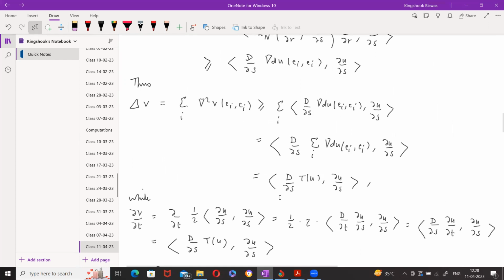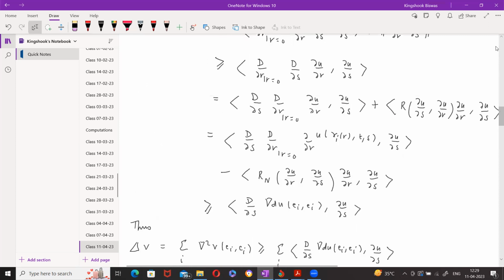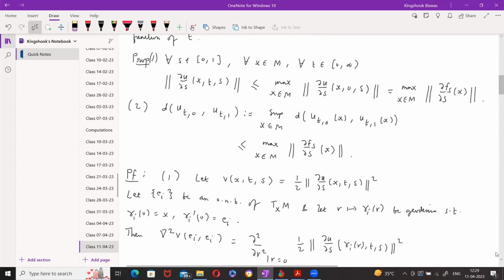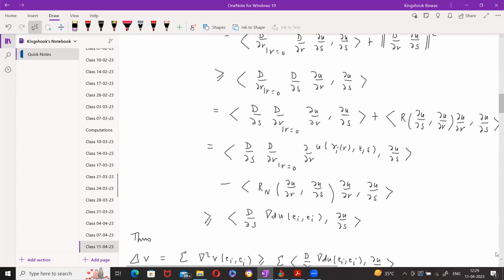This Laplacian was greater than or equal to the inner product of d/ds tau(u) with ∂u/∂s, right? So this is a similar term which is coming up below in this formula for the second derivative of the energy. So we should look at the Laplacian of the norm of ∂u/∂s whole squared.